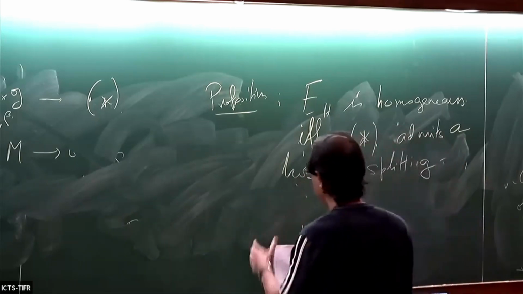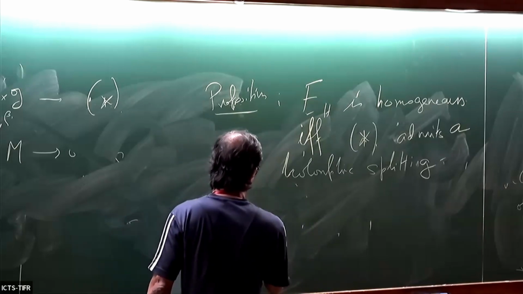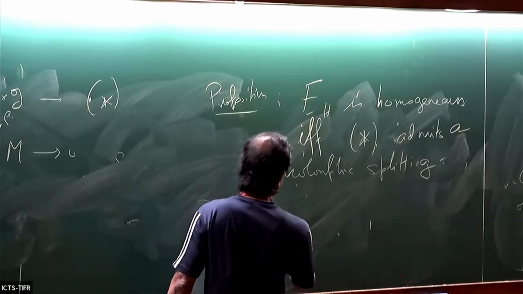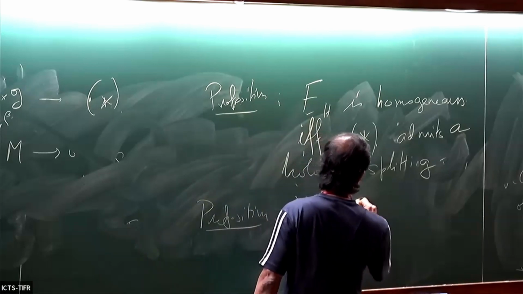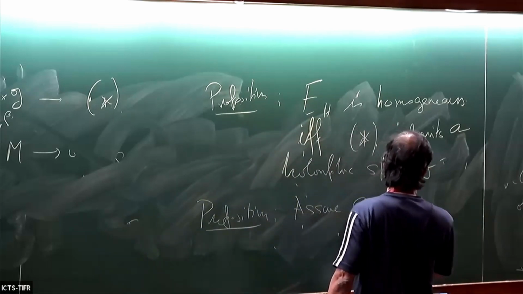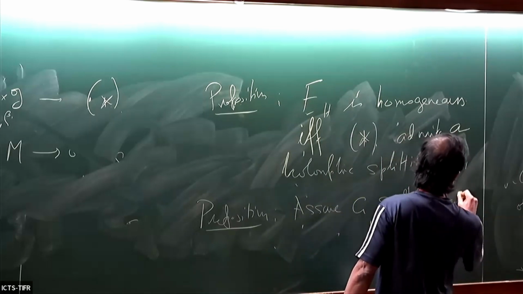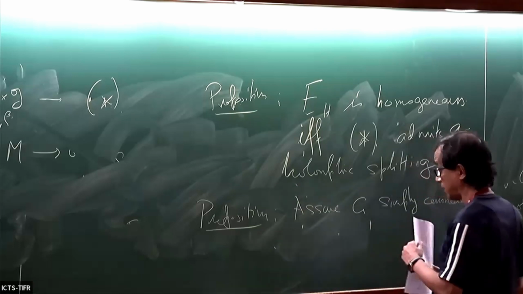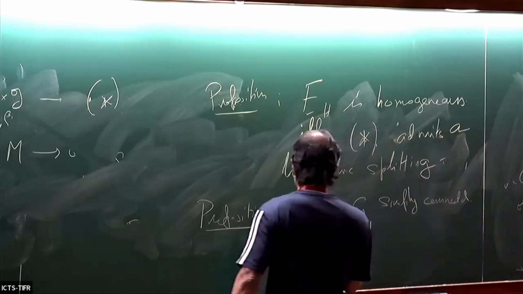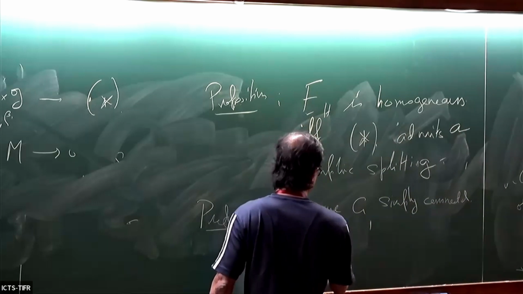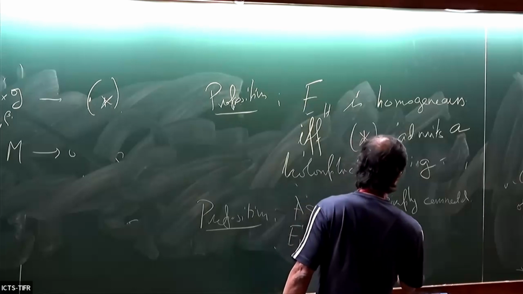Second, another proposition. Assume G simply connected. I'll first state and then explain. EH admits an equivariant structure.